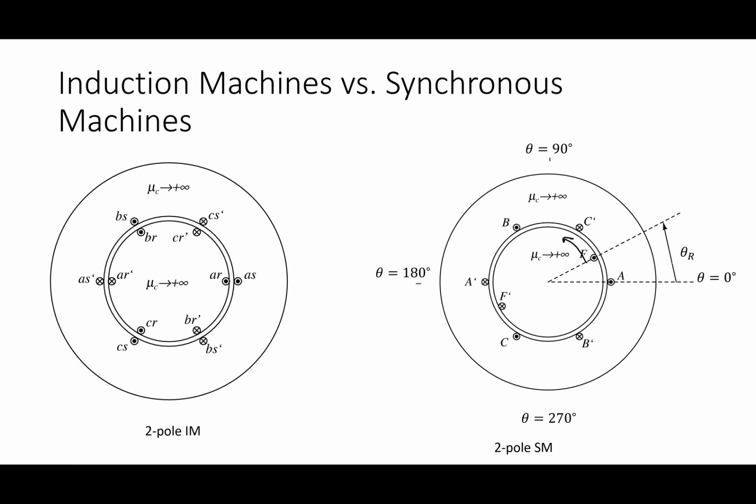The synchronous machine, and so I use the general term machine, right? They're electric machines. In general, the machine can be a motor or it can be a generator, either one can do either function. But in general, the most common thing historically for a synchronous machine has been to be a generator. That's basically a large machine, hundreds of megawatts.